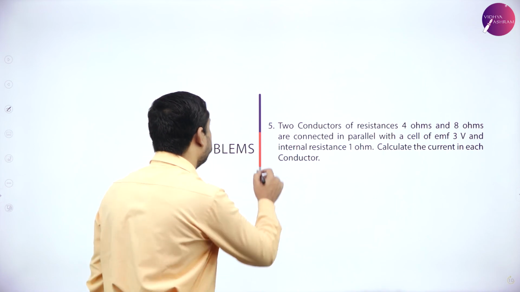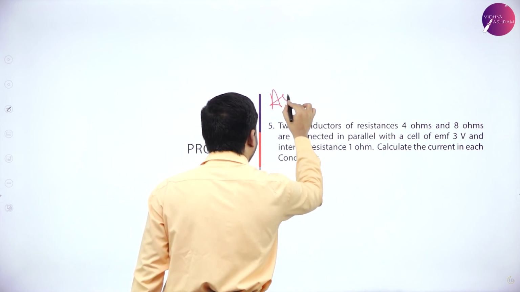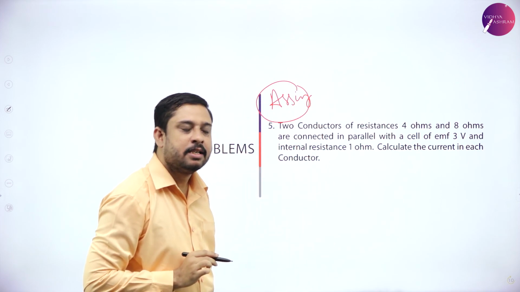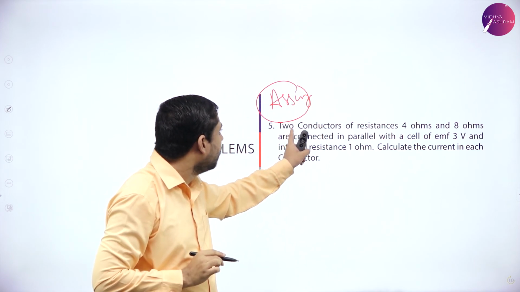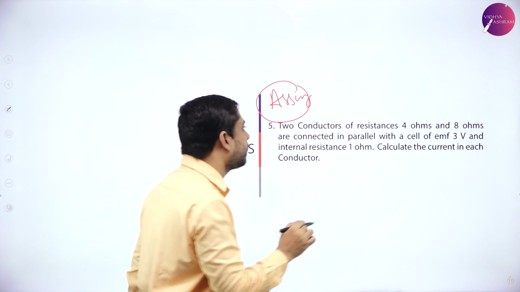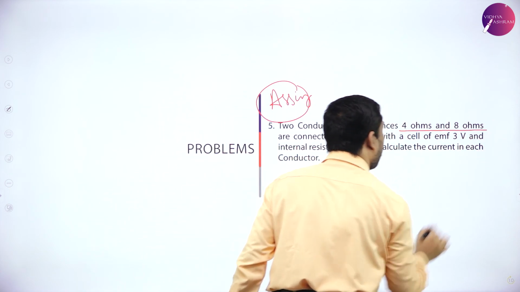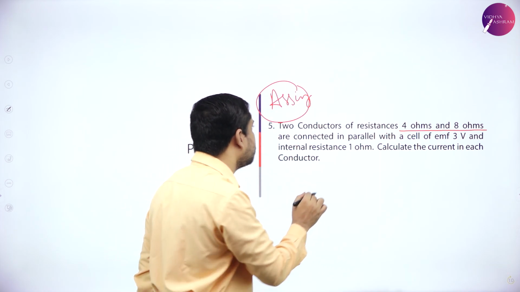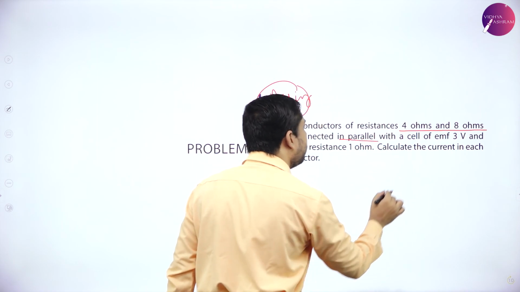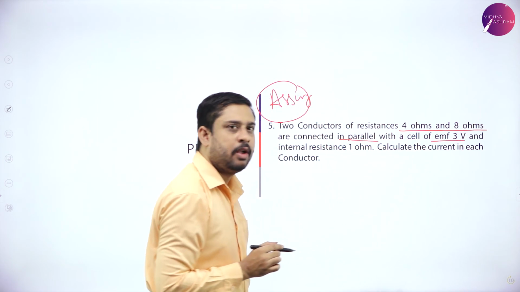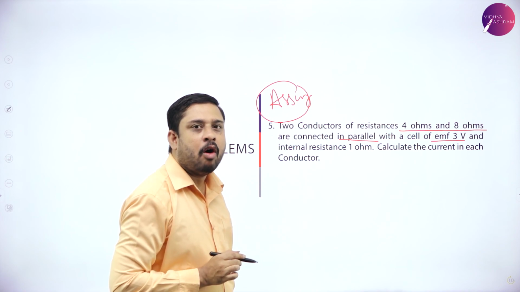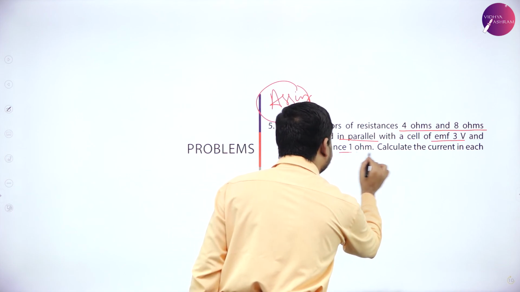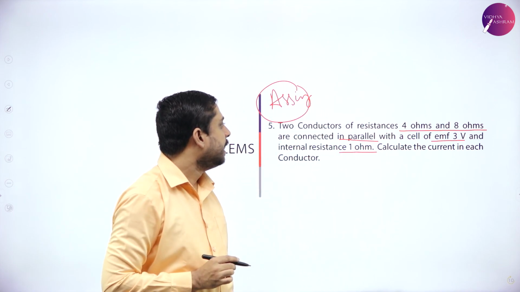Now this is a problem which is an assignment for you all. I want you all to read this and solve carefully. Two conductors of resistance 4 ohms and 8 ohms are connected in parallel with a cell of EMF 3 volt and internal resistance 1 ohm.